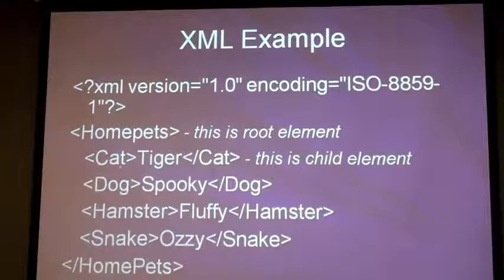You can invent these elements yourself. They are not called tags, because tags belong to the HTML language. They are called elements, and you are free to create your own elements, whatever you feel necessary. For example, instead of cat, you can say my cat, or first cat, second cat, whatever you feel comfortable with. Then you provide names, and the information is preserved here.